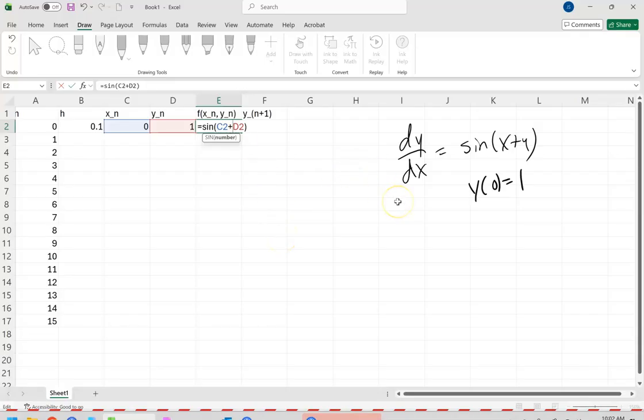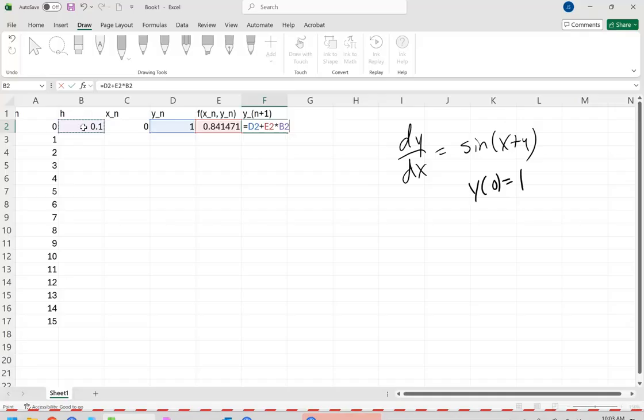Now over here, what did we say the formula was for the next y value? It was the previous y value, which is over here at D2, plus the derivative times the step size. Notice I'm just clicking on the cells that I want. So far, so good?